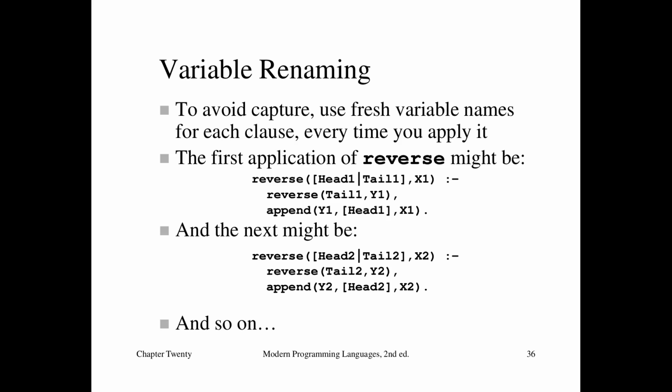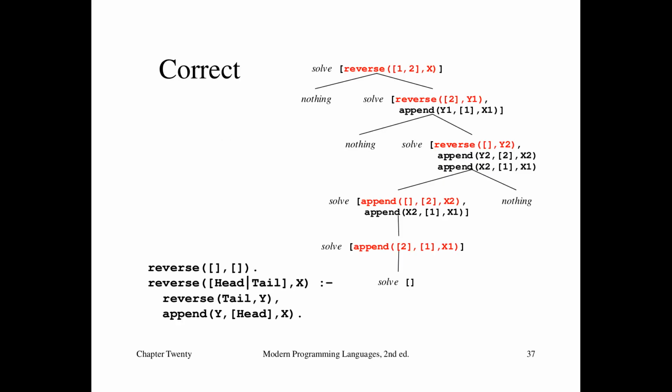And the next might be replacing the 1s with 2s all the way through. And we do this for as many recursive calls as we make, which will then lead us to the correct answer as we walk all the way down and solve it. So that's great. It will work out. Everything will be good.